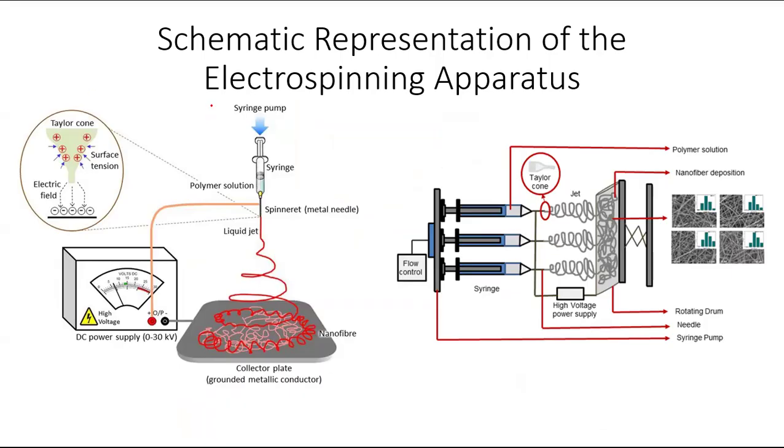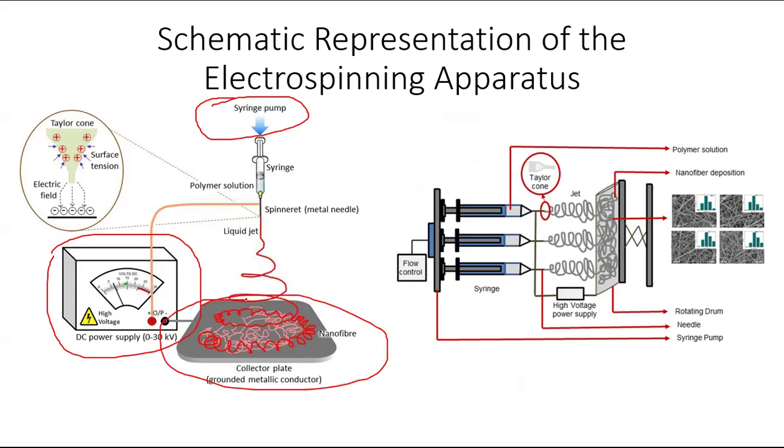You need a syringe pump in order to pressurize and send the polymer solution. Then you need a high voltage supply. Why do we need that? Because the electric field is very important. And then you need a collector plate in order to collect the spun nanofiber.